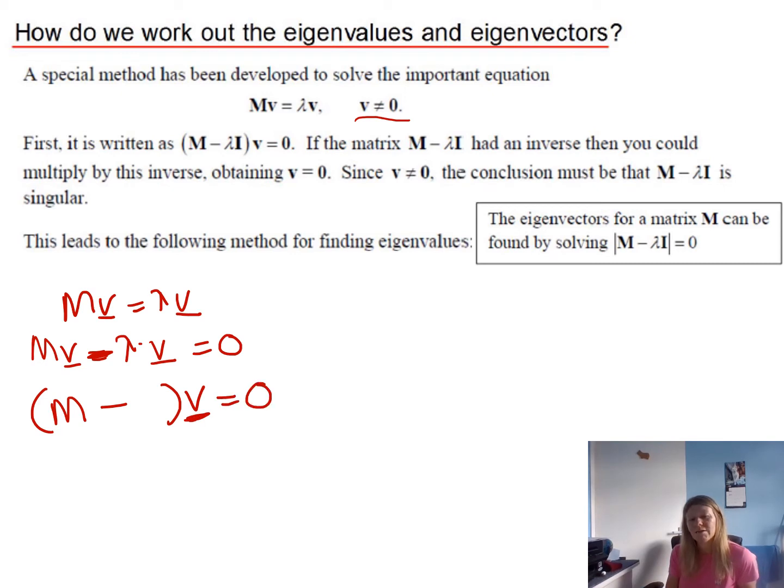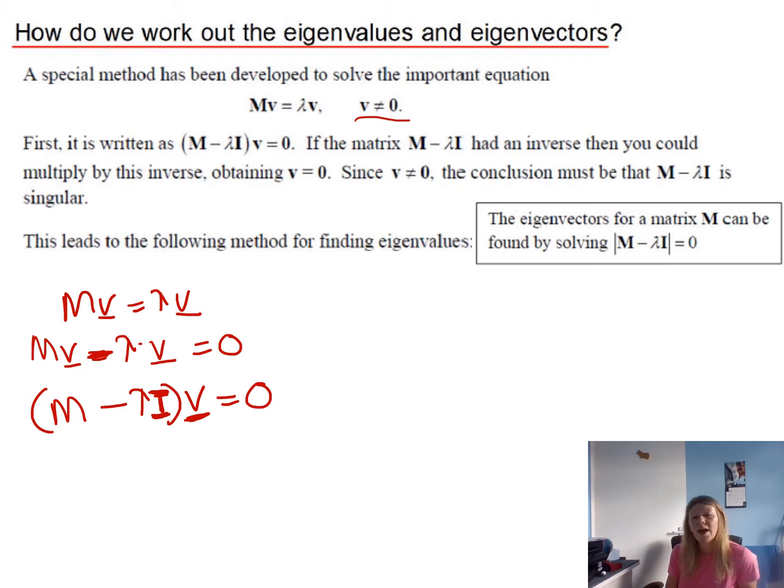You can't just put lambda in here because that's a scalar. You have to multiply it by the identity matrix, 1, 0, in order to keep it as a matrix there and make sense. Right, so we've got to that situation.